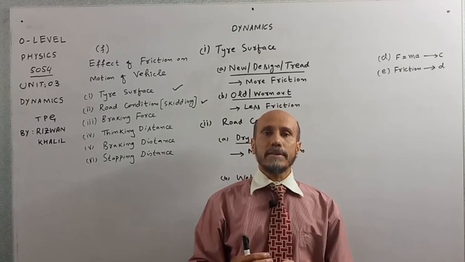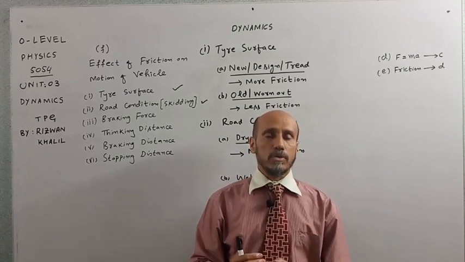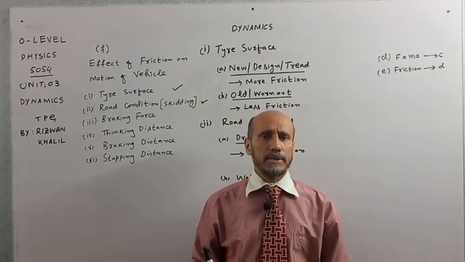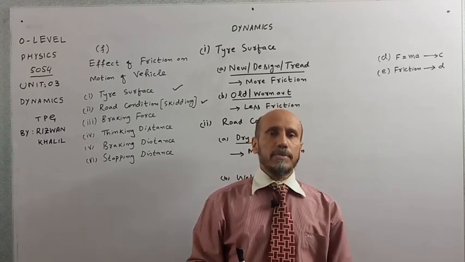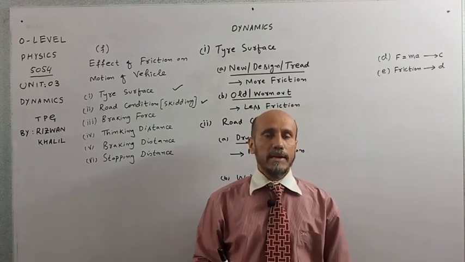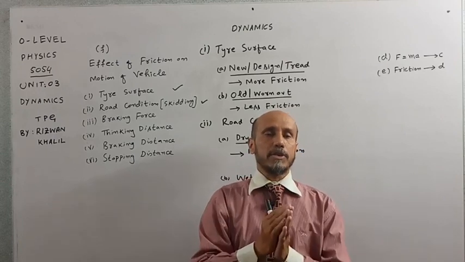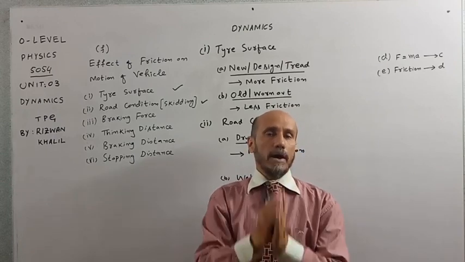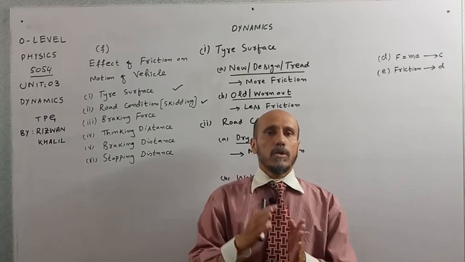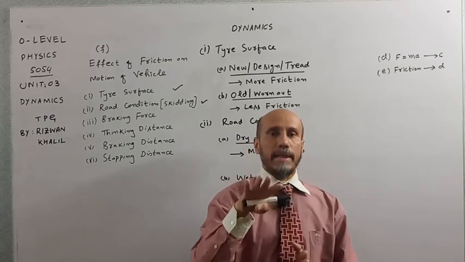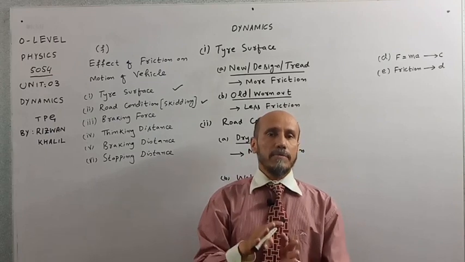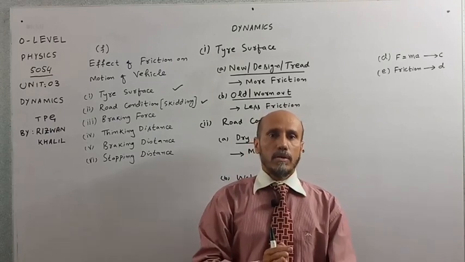While if we are driving the car on a wet surface or wet road, what happens? Have you ever observed in your daily life that if there is some sort of raining and we are going to apply the brakes, then we have to apply the brakes for a larger time as compared to driving on the dry road. What is the reason?